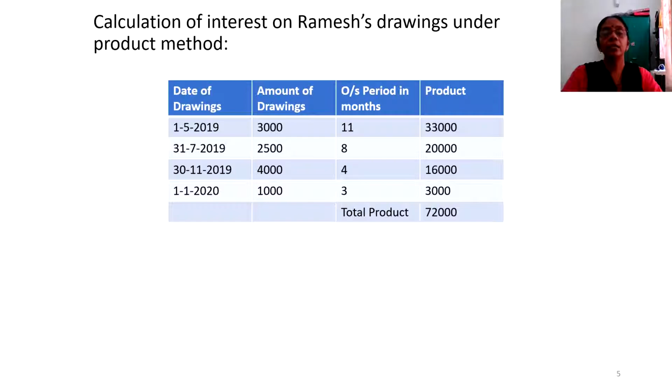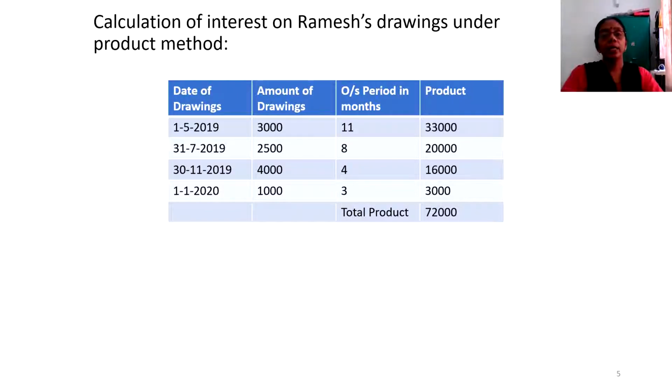Outstanding period is the number of months from the date of withdrawal till 31st March of whichever year you are talking about. In this sum, 2020 happens to be the completion of the year. We are taking 2019-20 as our financial year. Product is equal to the amount of withdrawal into the outstanding period, that is, column number 2 into 3.